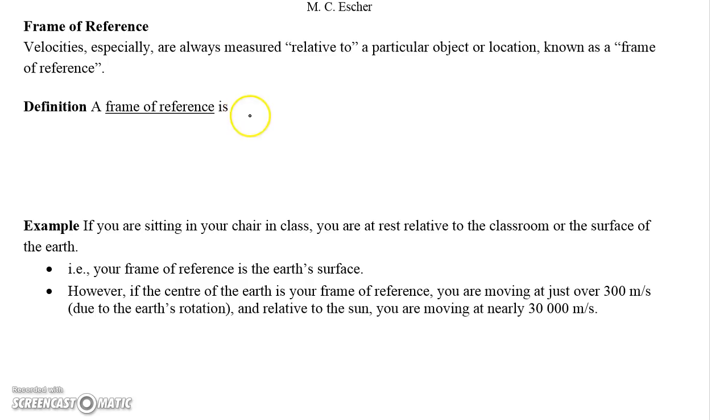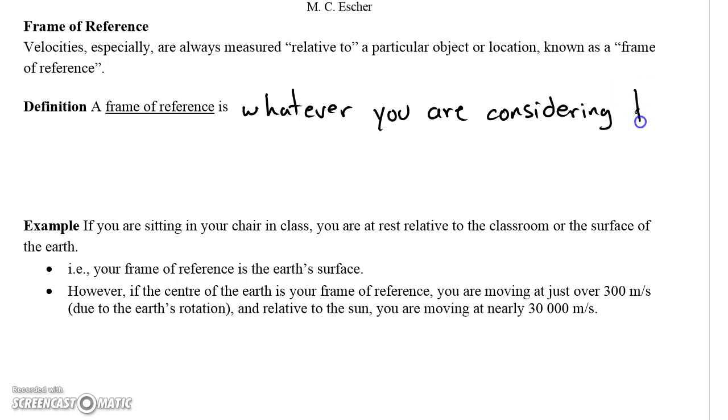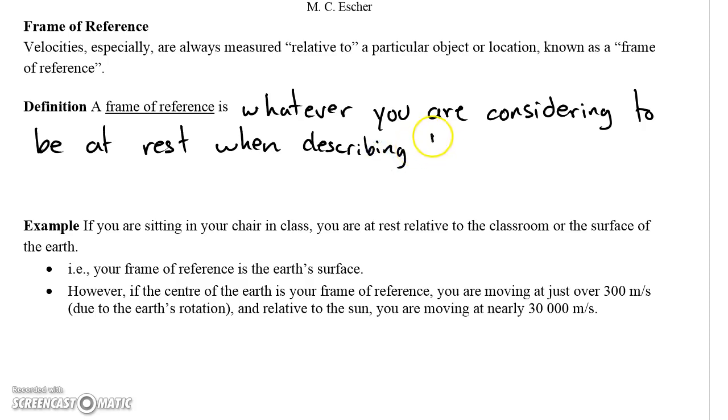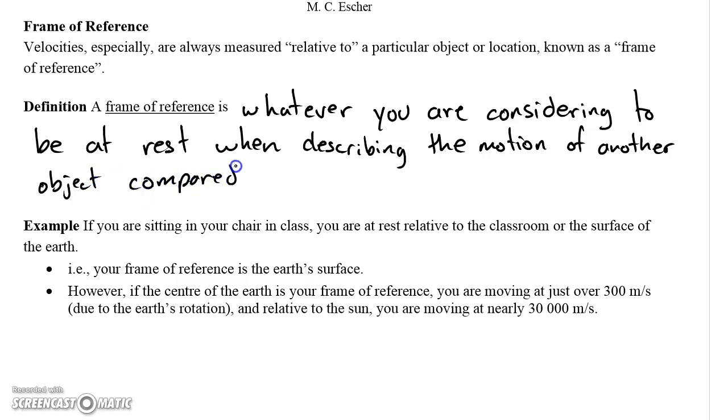So a frame of reference is whatever you are considering to be at rest when describing the motion of another object compared to it. So what does that mean?